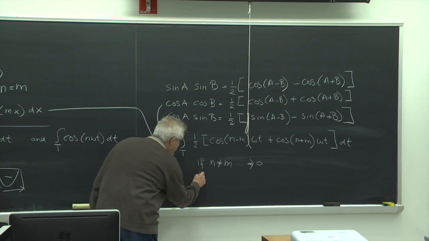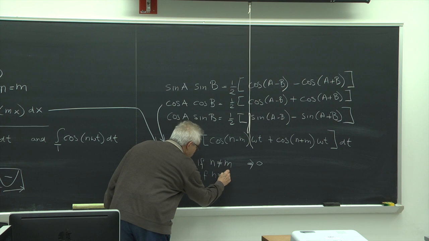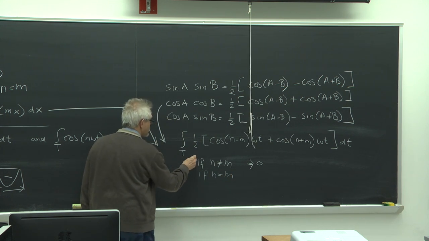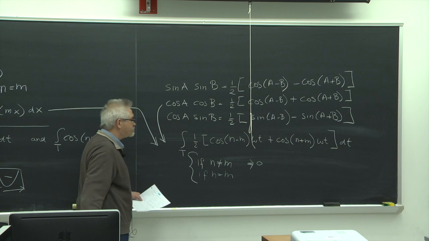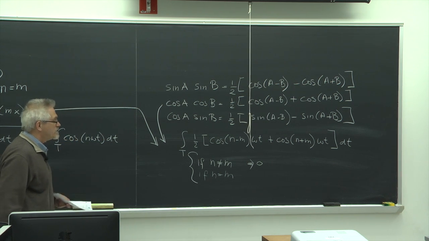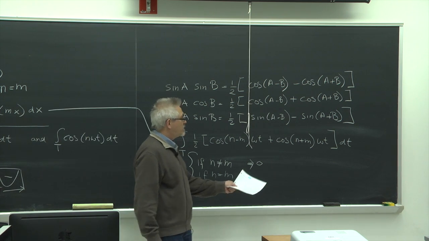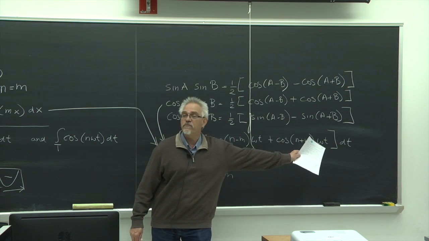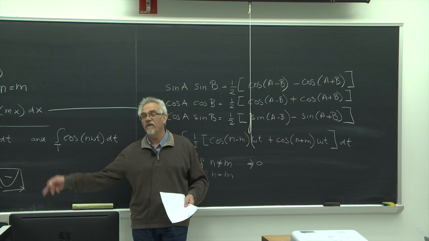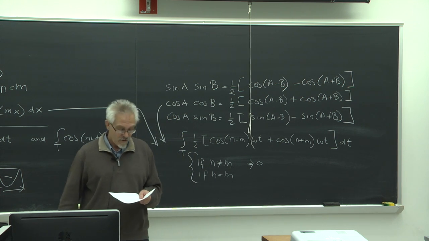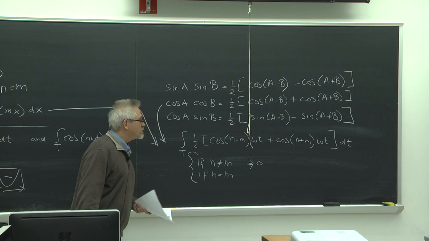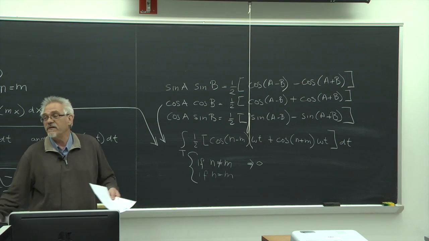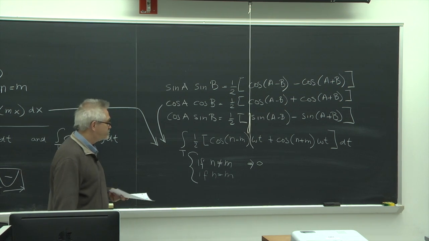Now if n equals m, the situation is a bit different, because now if n equals m, then still this second term will evaluate to 0, isn't it? That's a number of oscillations over T. But the first one will be cos 0, and cos 0 is always 1, isn't it?